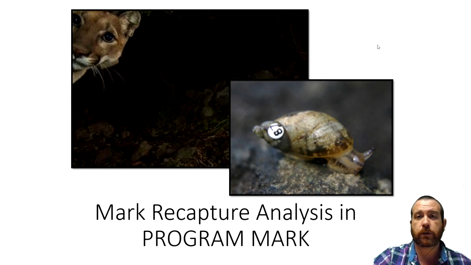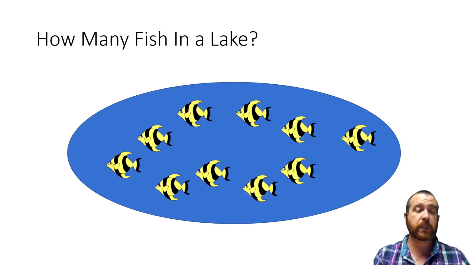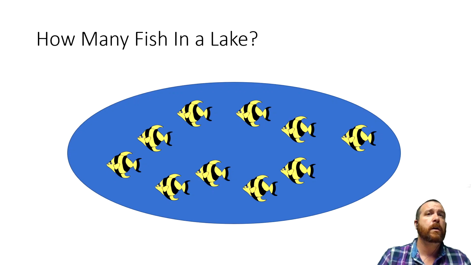So what are we actually talking about when we say something is a mark recapture study? What is it trying to find? Well, we're attempting to find how many animals are there. In the real world, I can't just look out into a forest and see, hey, there's 20 elephants. Maybe I can with something like an elephant, it becomes pretty easy.